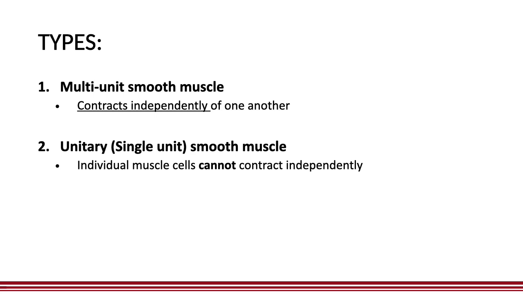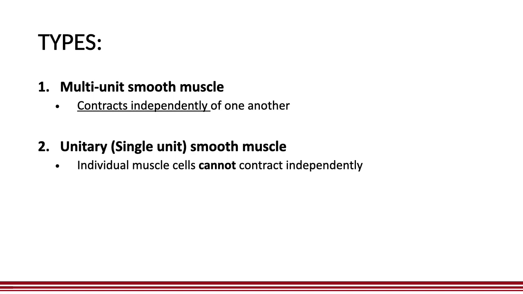In contrast, unitary or single-unit smooth muscle is organized into functional units called syncytia, in which many cells are connected by gap junctions and act as a coordinated unit. They cannot contract independently. They contract together. Single-unit smooth muscle is found in the walls of hollow organs such as the uterus, the bladder, and the digestive tract.